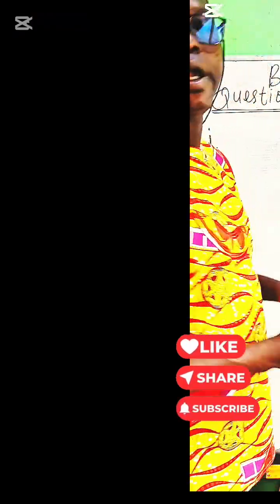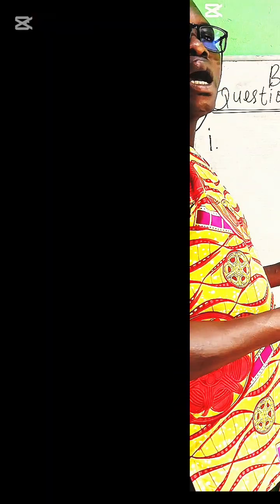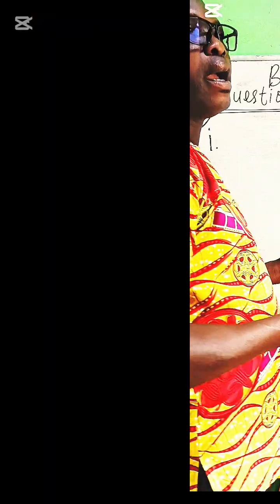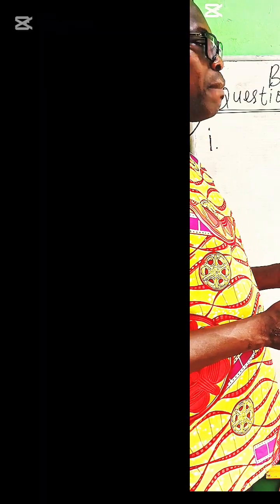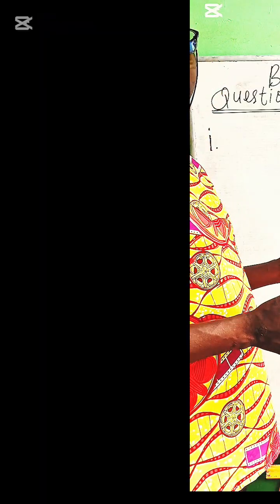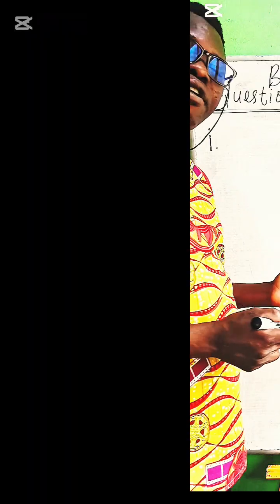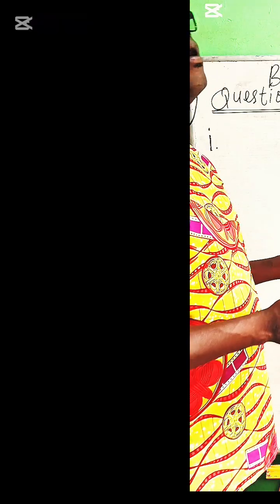Let's proceed to solve question 4a. Question 4a says that we have 3 people, Aku, Braco, and Dagadu, in a particular school, and their monthly incomes are 5,000 for Aku, 6,500 for Braco, and 4,200 for Dagadu.